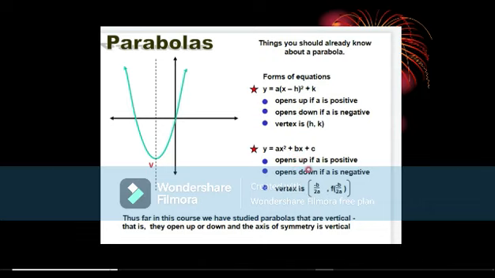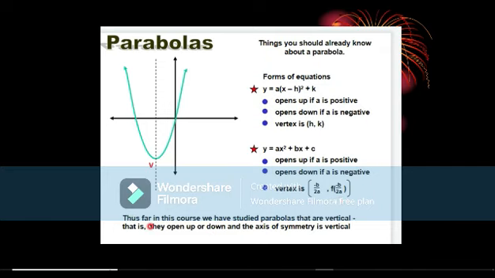It opens up if a is positive and opens down if a is negative. Meaning, if this is the equation of the parabola expressed in terms of y, then the parabola opens up if a is positive and opens down if a is negative. The vertex is solved, if this is the equation given, as x equals negative b over 2a, then y equals f of negative b over 2a.